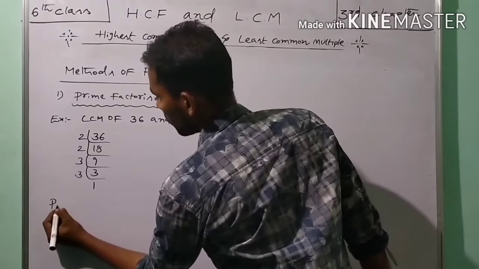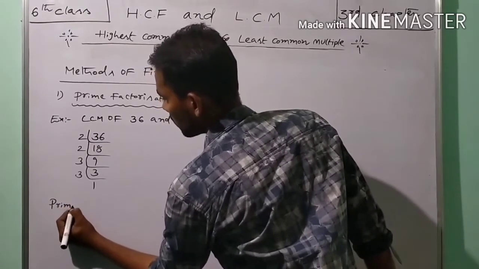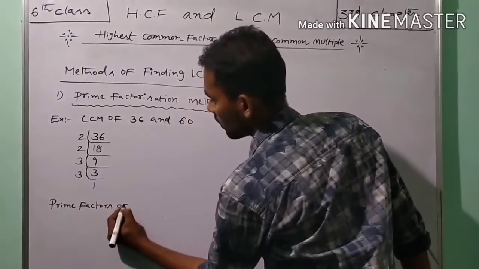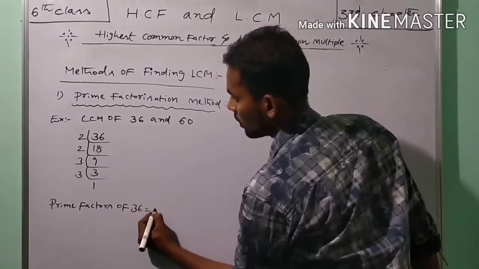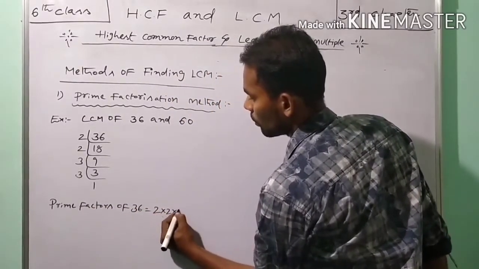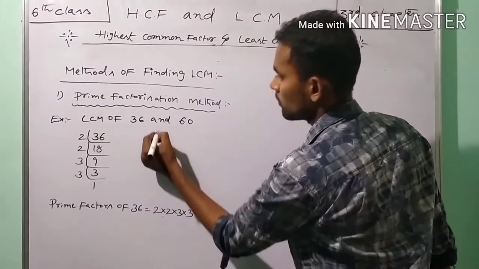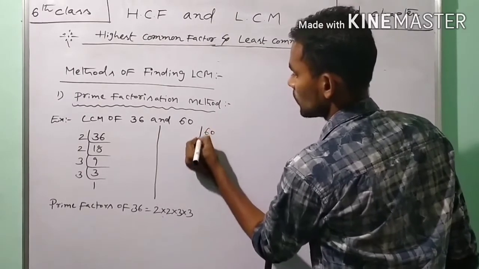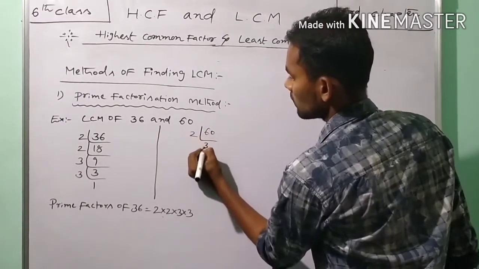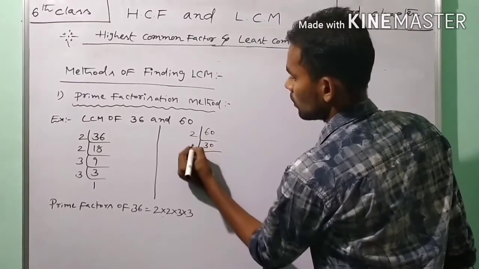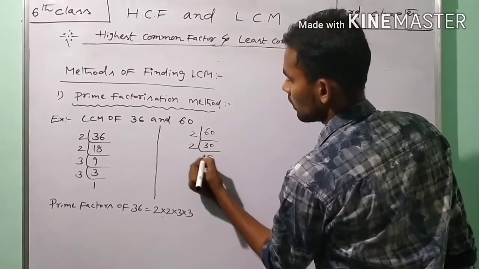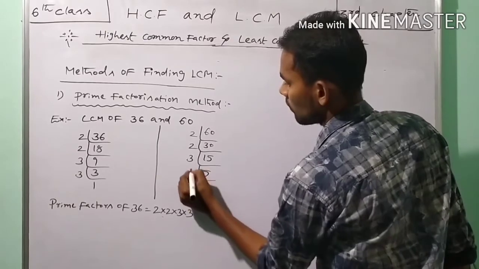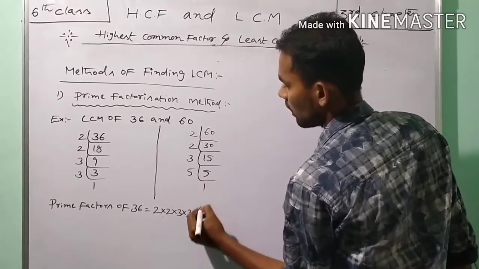Prime factors of 36 equal 2 into 2 into 3 into 3. Prime factors of 60: 2 30s are 60, 2 15s are 30, 3 5s are 15, 5 1s are 5.